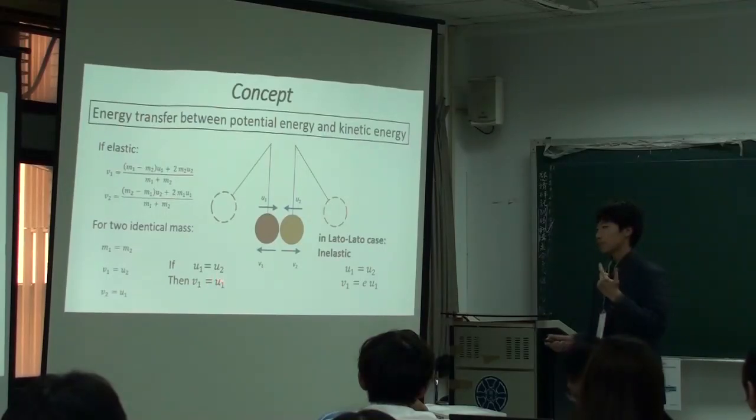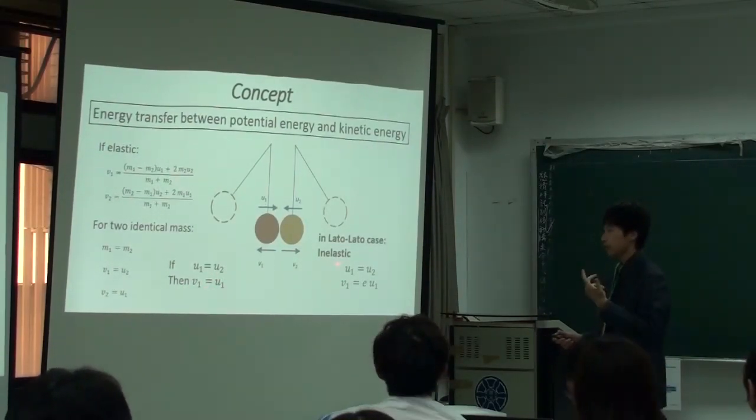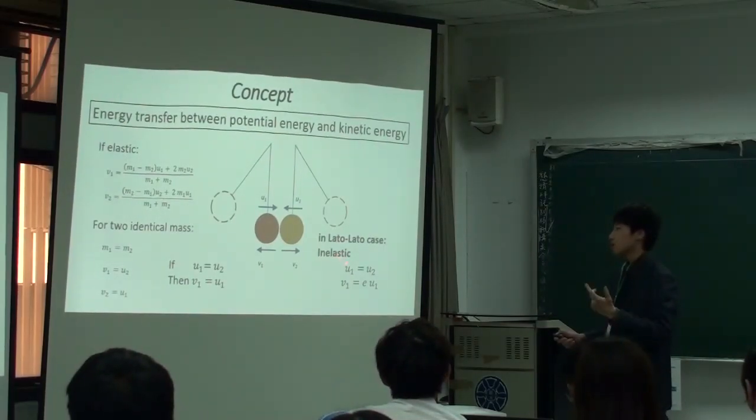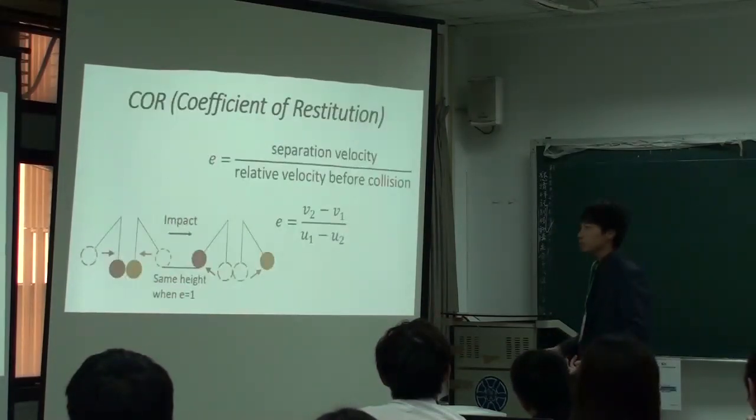And if u1 equals u2, then v1 equals u1. But in that case, it is inelastic. So if u1 equals u2, v1 equals e u1. This e is the coefficient of restitution.